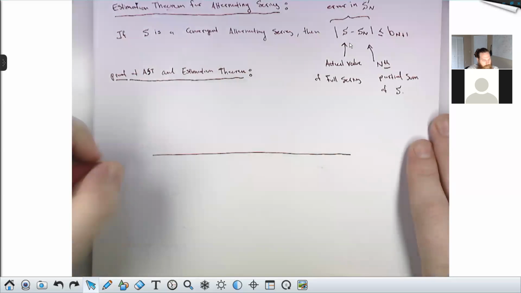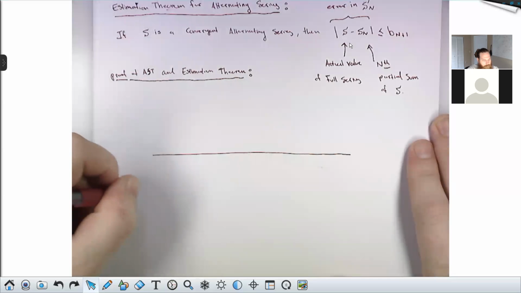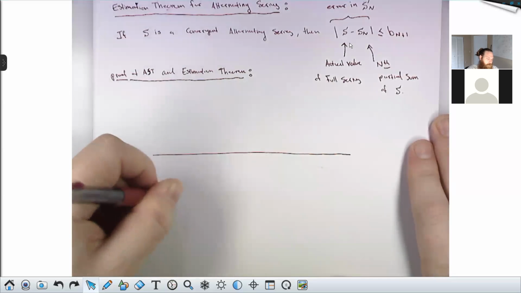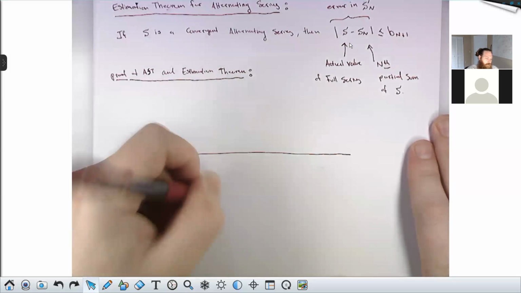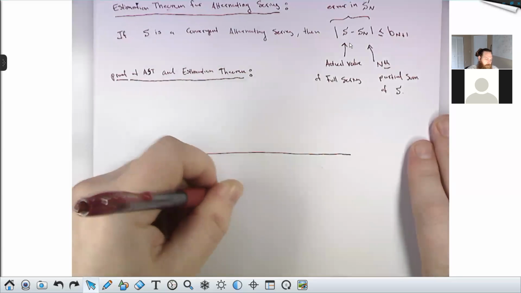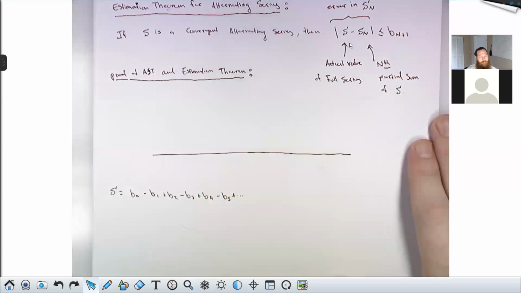So let's imagine here that S is B0 minus B1 plus B2 minus B3 plus B4 minus B5, and so on.